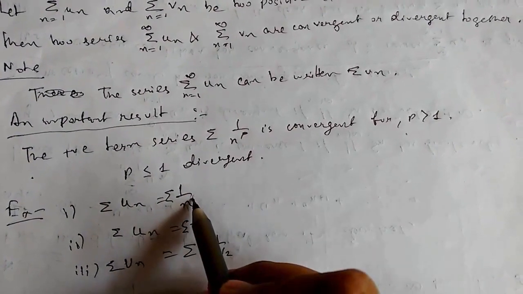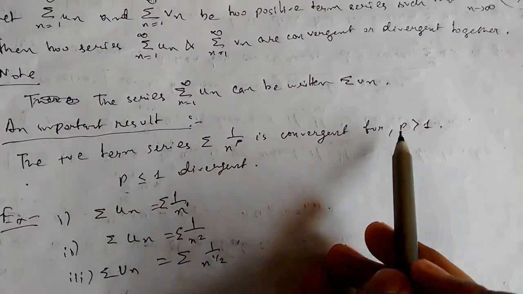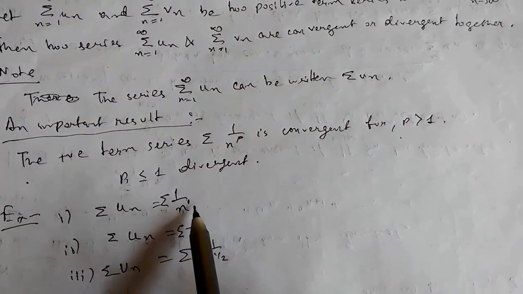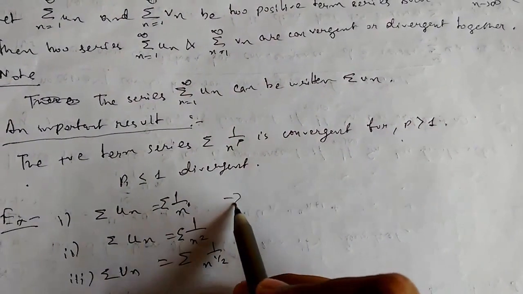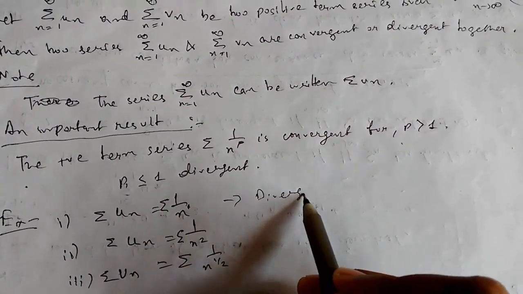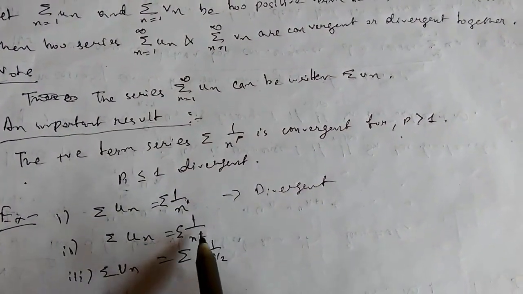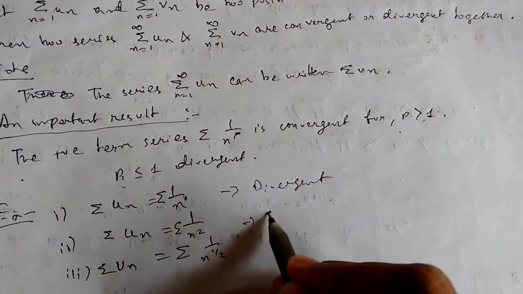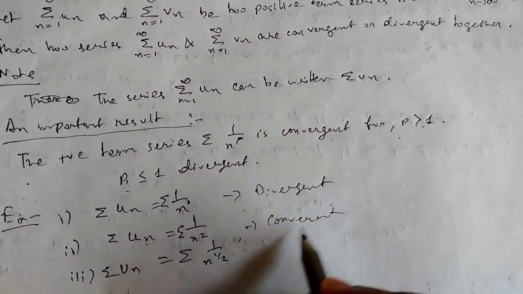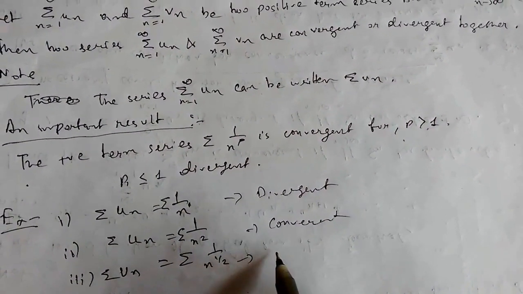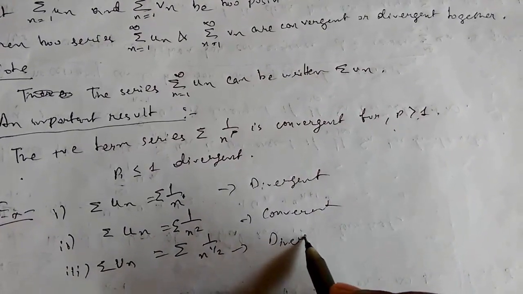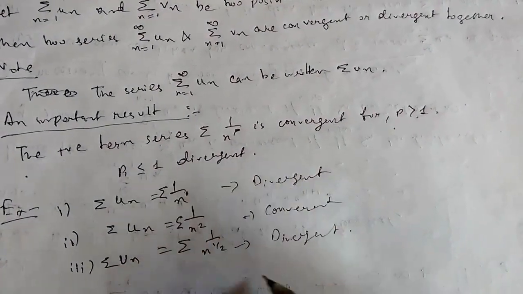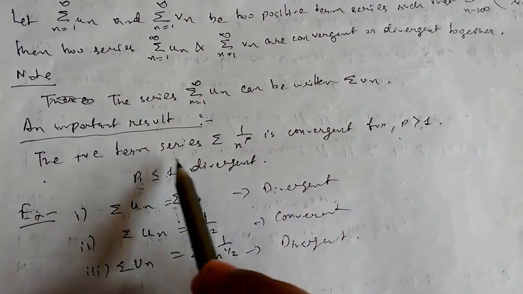Here the power of n is 1, so p is 1, it will be divergent. Here it is 2, which is greater than 1, so it will be convergent. And here it is half, which is less than 1, so it will be divergent. So this was how to use these terms.